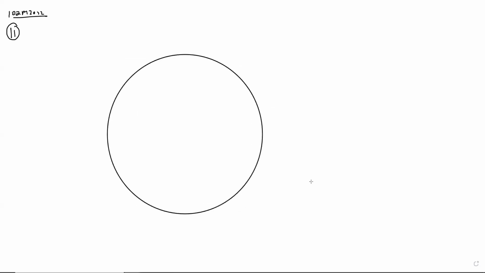So we have one circle and we have a diameter. This is this diameter. Okay. Then we are taking a point C, which is different.